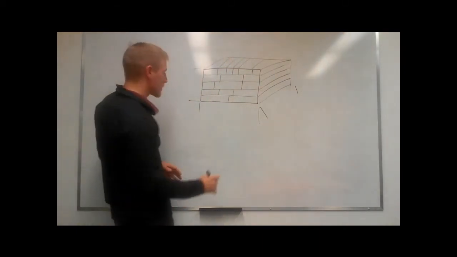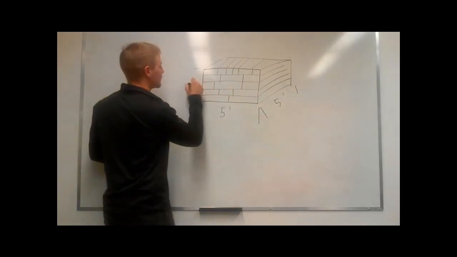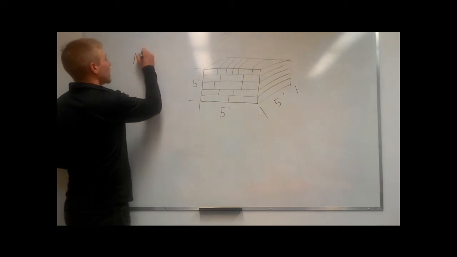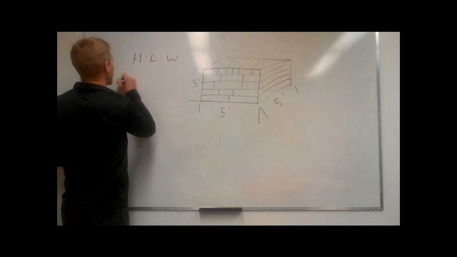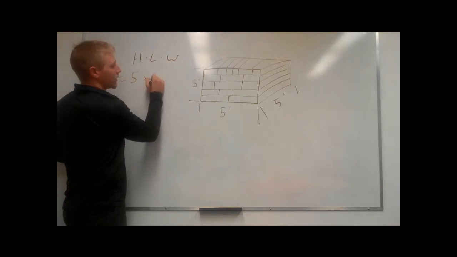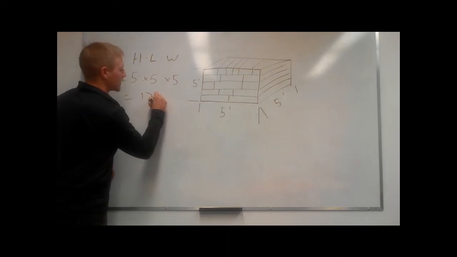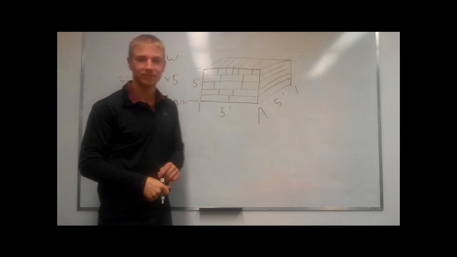In this case, we're going to keep it simple, and we're going to say 5 feet, 5 feet, and 5 feet. Then we do a very simple calculation where we go height times length times width. In this case, that's 5 by 5 by 5, which equals 125 FBM.